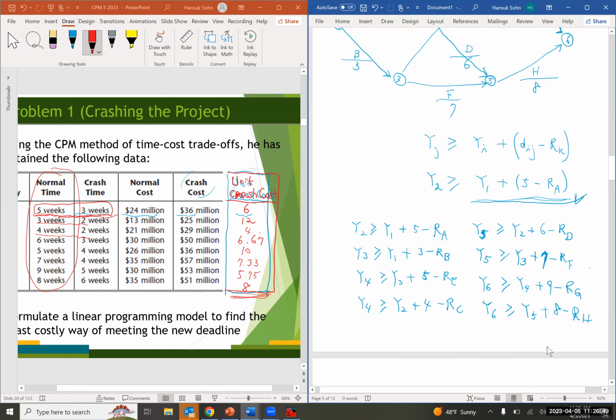And then what next? Also, we have to make sure the new deadline of 14 weeks has to be met. So y sub 6 minus y sub 1 has to be less than or equal to 14, right?